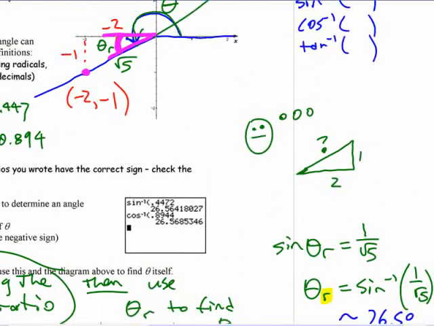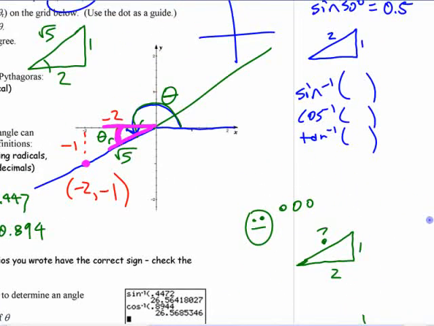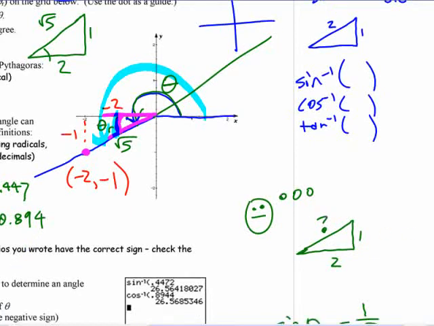Notice on the picture, go back to the picture now. The picture is becoming a mess, but that's this angle right here, this pink angle. If that's 26.5 degrees, what is theta all the way around from there? Yeah, 180 plus that, right?